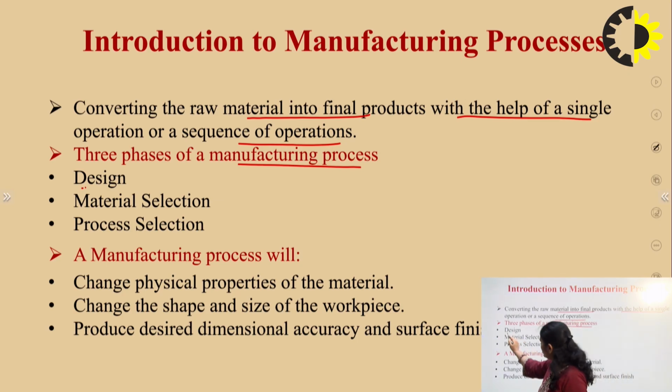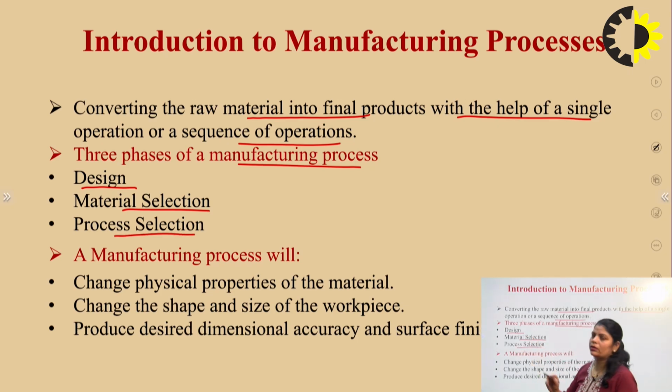First, we require the design: what we want to manufacture, what will be the shape of our final product. Then we select the material. The material will be selected on the basis of the function or applications of that particular product or design.